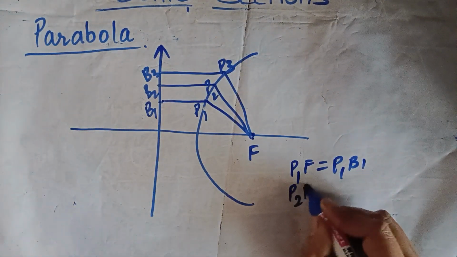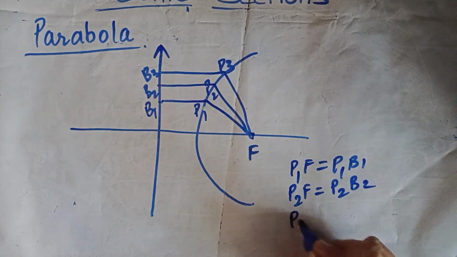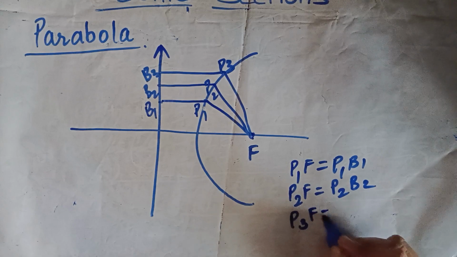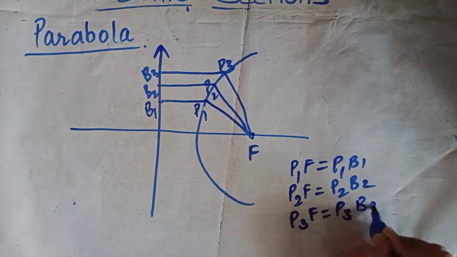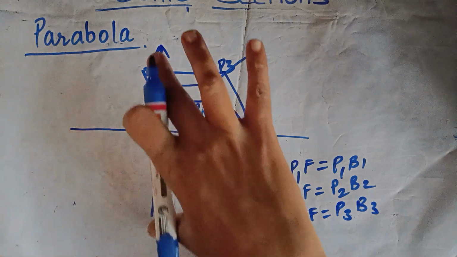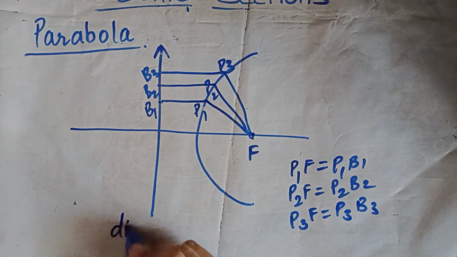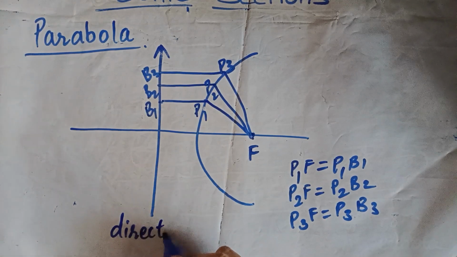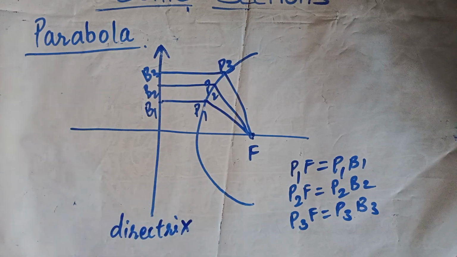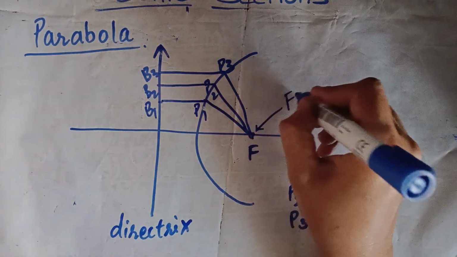Then P2F is equal to P2B2 and P3F is equal to P3B3. This is our parabola. Now this fixed line is called the directrix. And the fixed point F is called the focus.